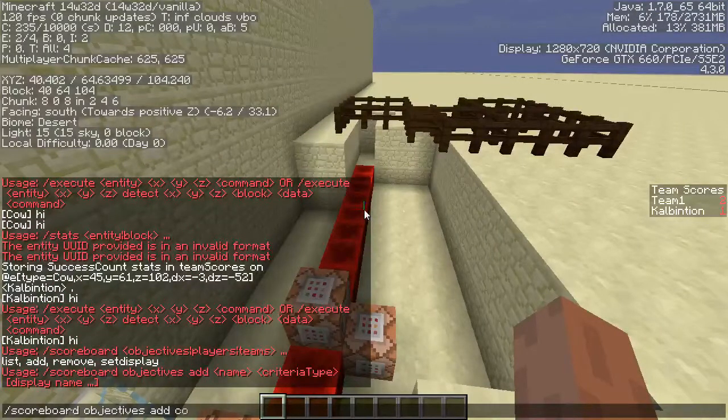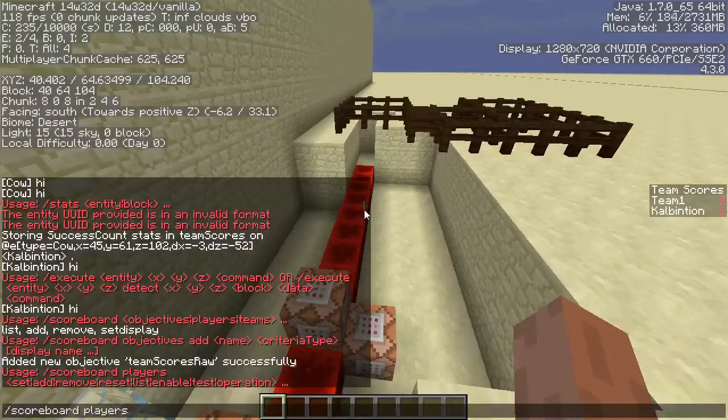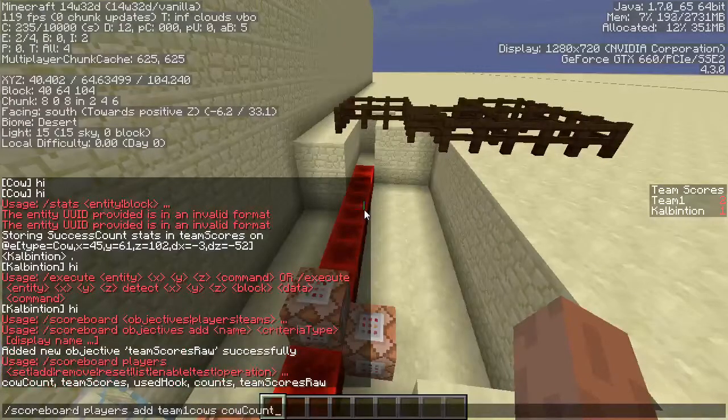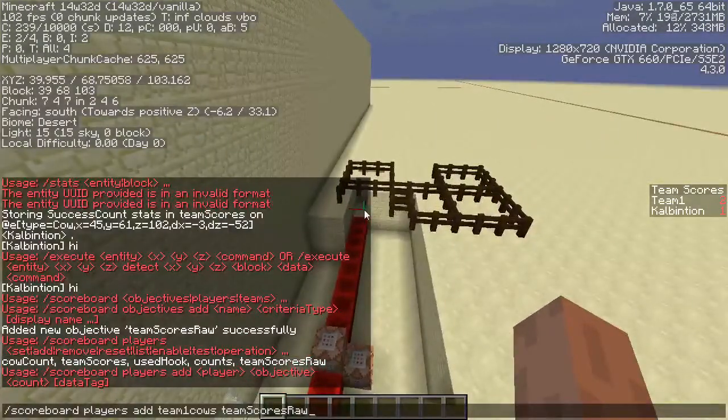Let's see... Cow count, dummy. Wait, no, I want to do team scores of raw. Scoreboard, players, add team 1 cows to team scores raw. Team 1 cows. That's what I wanted, right?